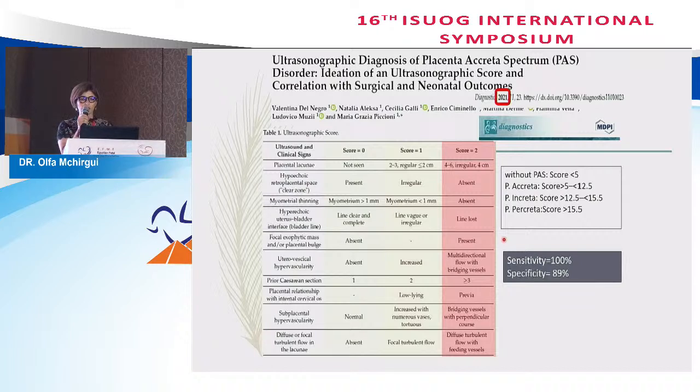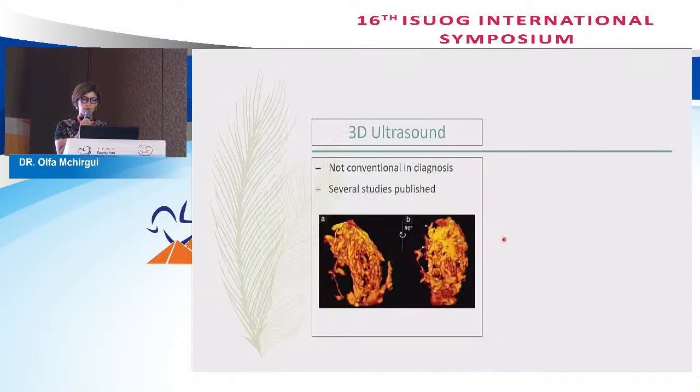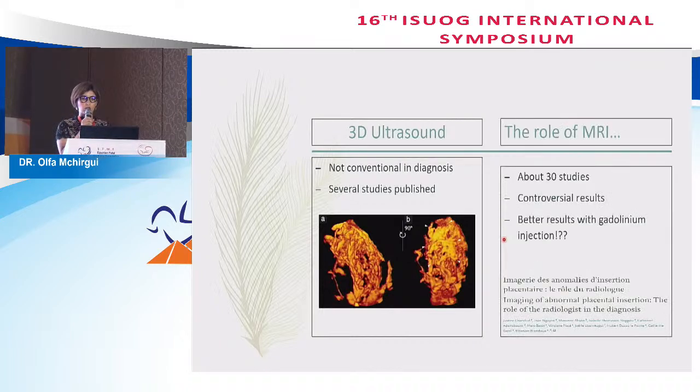If the score is below 5, there is no placenta accreta spectrum disorder, and the score can reach up to 20. So if it is higher than 5, we should plan surgical management for placenta previa afterward. And as for the 3D ultrasound, it's not conventional in diagnosis, and the role of MRI is still controversial.